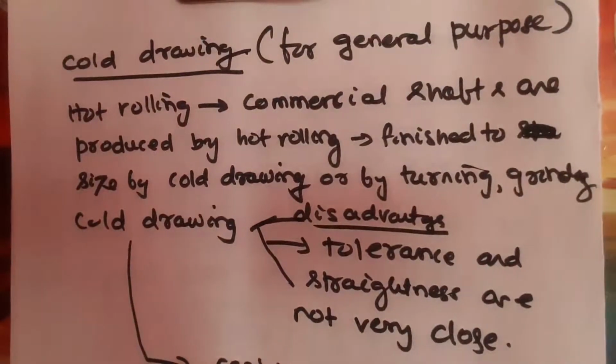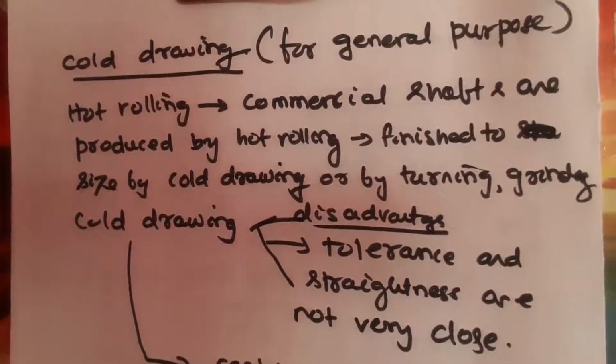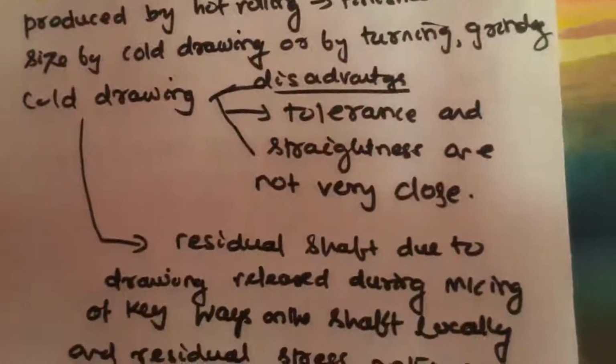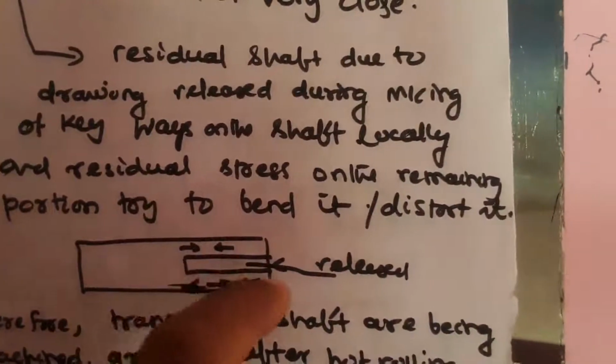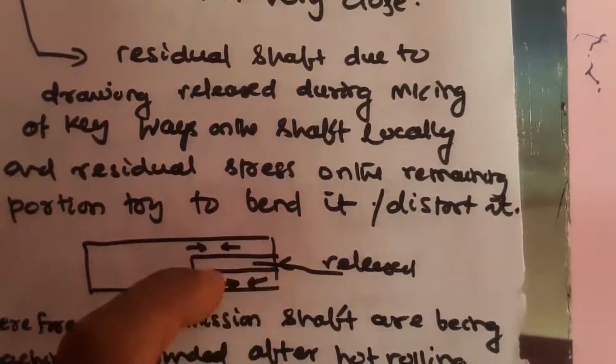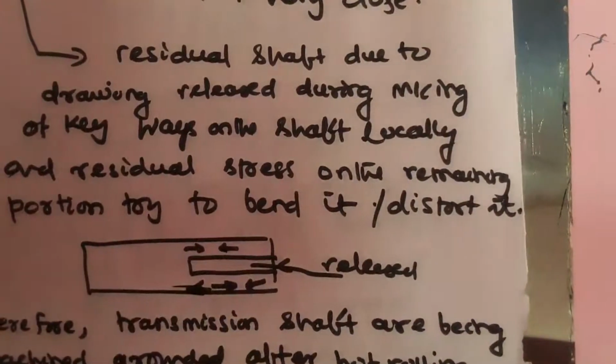If you do the cold drawing after the hot rolling, then it will have residual stresses due to the drawing operation. And after that, if you want to machine a keyhole on the cold drawn shaft, then locally the portion which is taken out will release the stress that has been induced in the surface of the shaft because of the cold drawing.